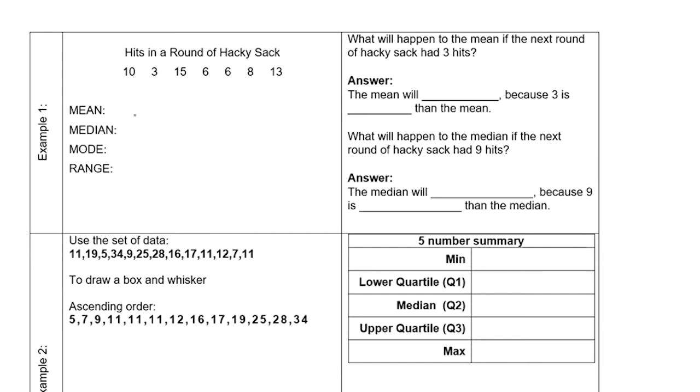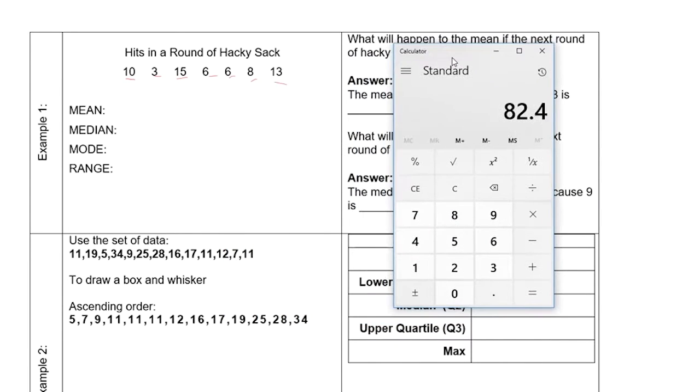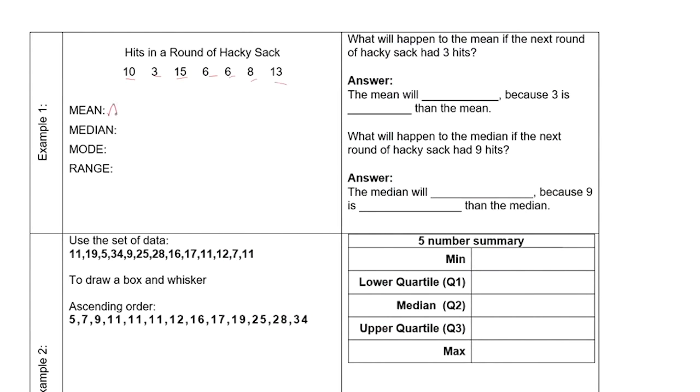Okay, so then we're going to answer these questions over here. So our mean. So we're going to add all of these numbers up and divide by 1, 2, 3, 4, 5, 6, 7. Okay, so we're going to add them up and divide by 7. So let's do that.